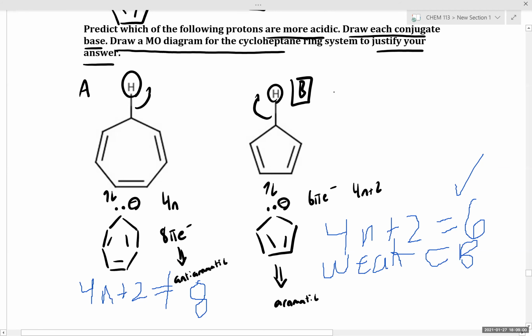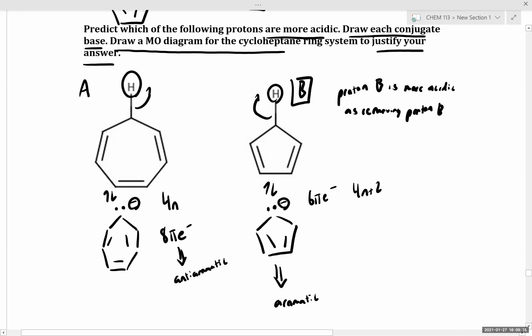So we conclude that proton B is more acidic, as removing proton B gives an aromatic, stable anion. Does that logic make sense?